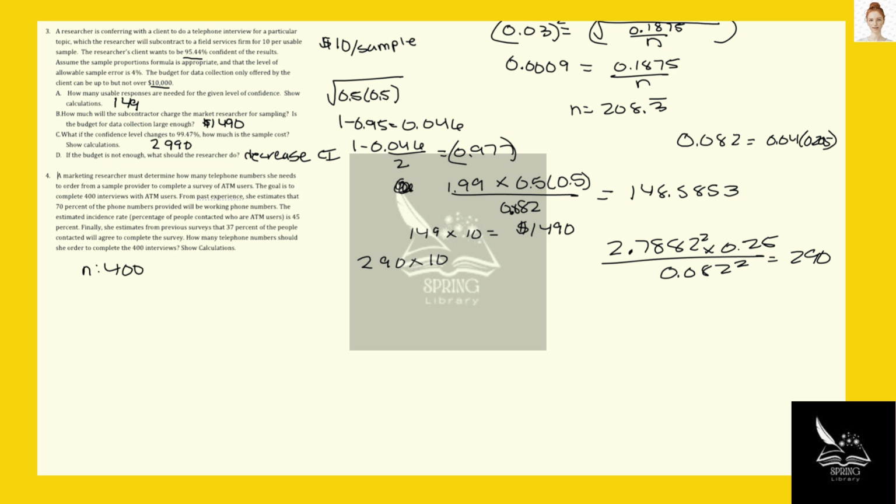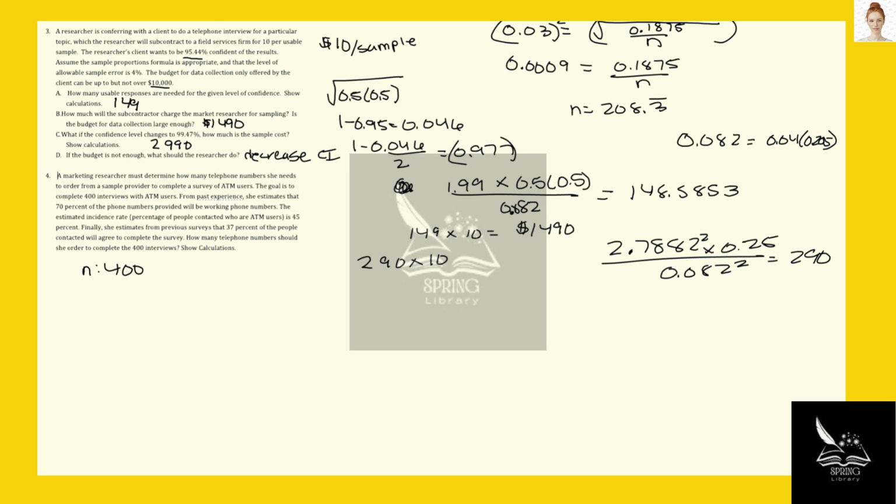The estimated incident rate, percent of people contacted who are ATM users, is 45%. Finally, she estimates from previous surveys that 37% of people contacted will agree to complete the survey. How many telephone numbers should she order to complete 400 interviews?